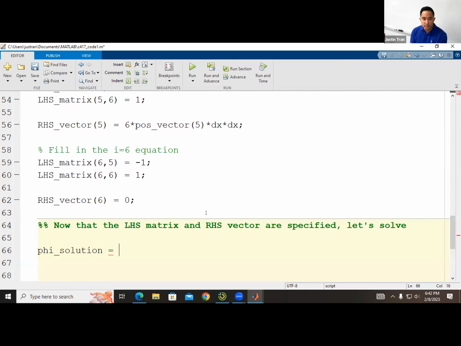It's pretty nice. And this is also just like problem 2 in the homework. What you're going to do is just left-hand side matrix / right-hand side vector.